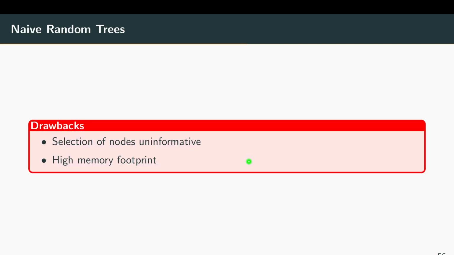Exactly. So it's extremely uninformative. Like, at least before with the Voronoi bias, we used this information on where's free space. And then also because of that, it has a high runtime and also high memory, because every single time you add stuff to the tree, you need to keep it around for a long time.